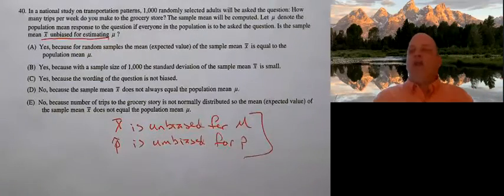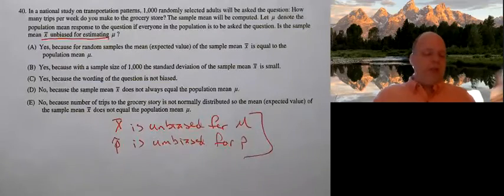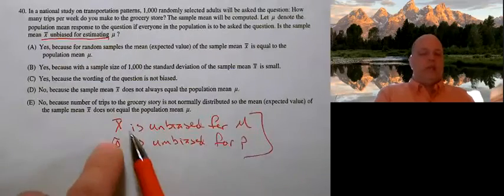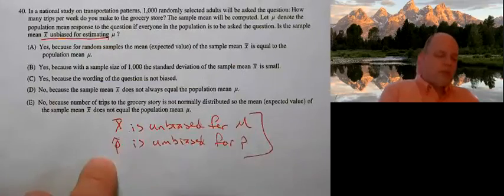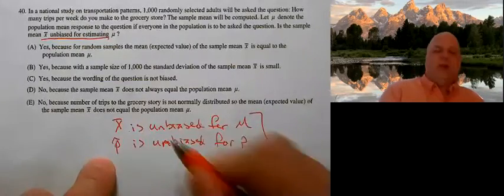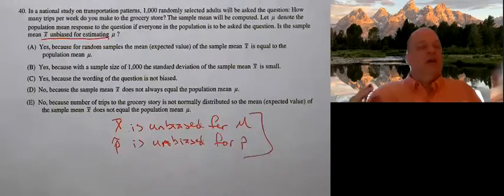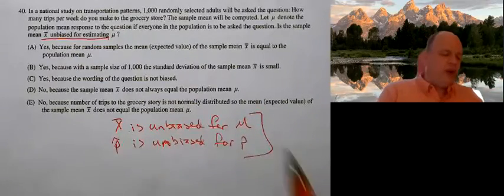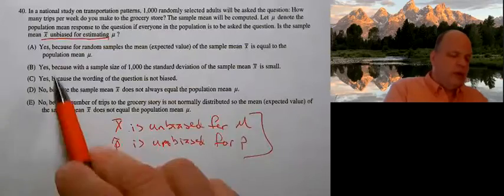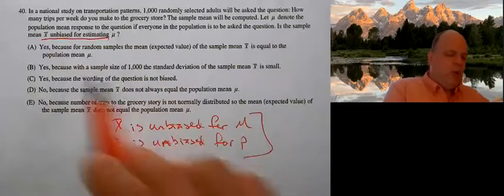If we take everybody, these will be unbiased. These are our only two unbiased estimators. Everything else is biased. Standard deviations are biased. Medians are biased. The only ones that are not biased are these two values. Why?